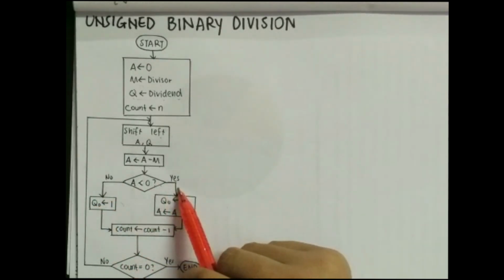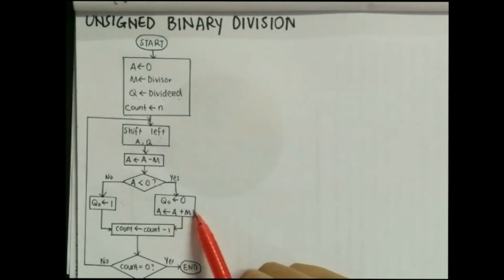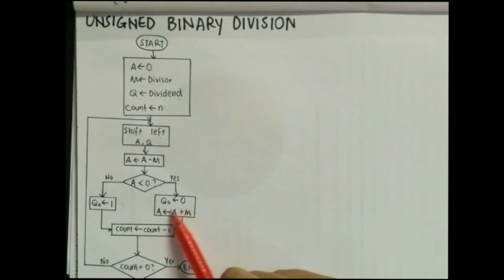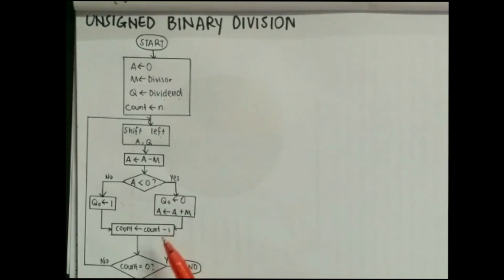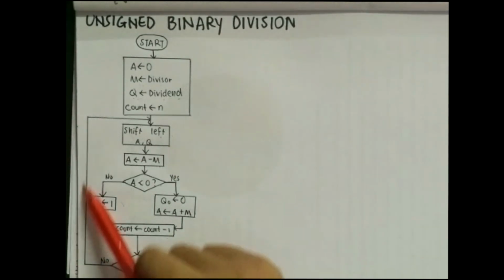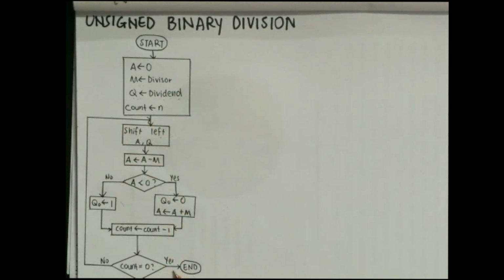Otherwise, Q0 gets a 0 bit and M must be added back to A to restore the previous value. The count is then decremented and the process continues for n steps. At the end, the quotient is in the Q register and the remainder is in the A register.